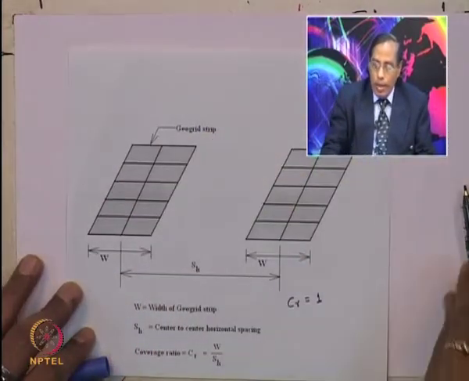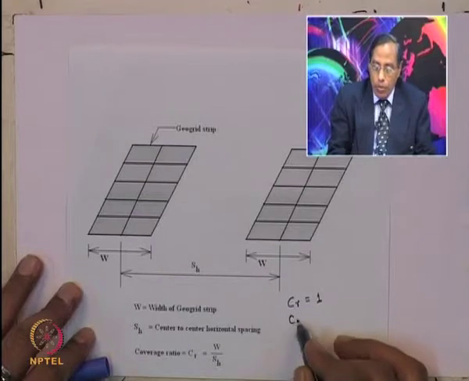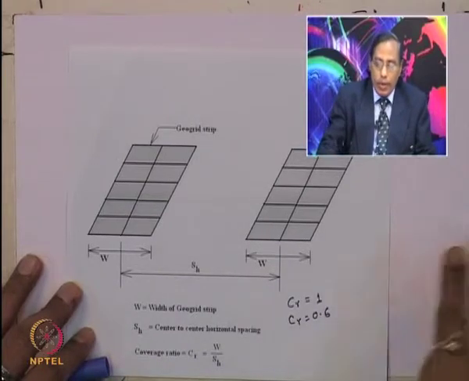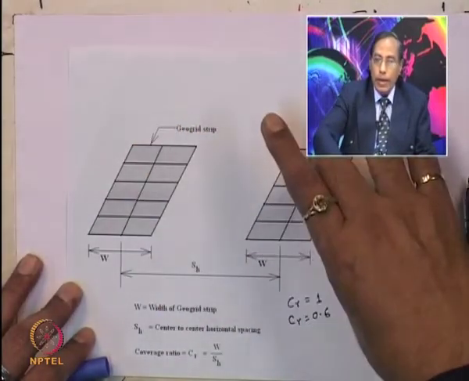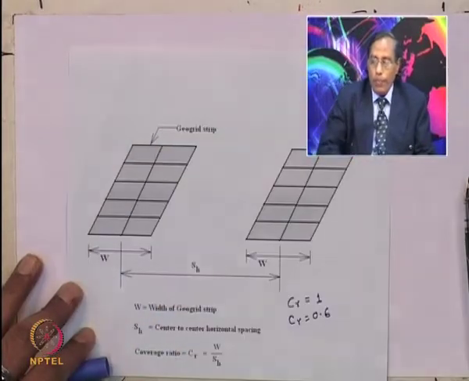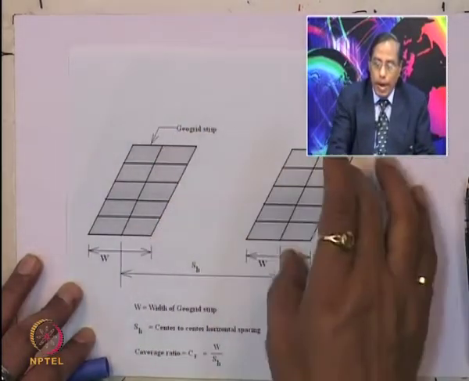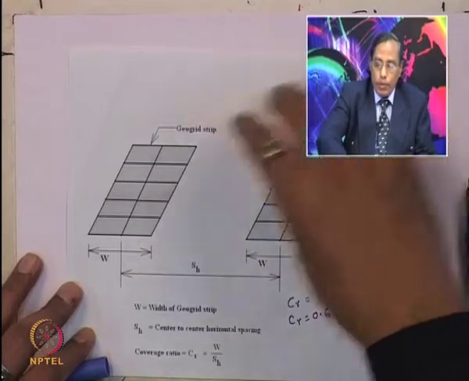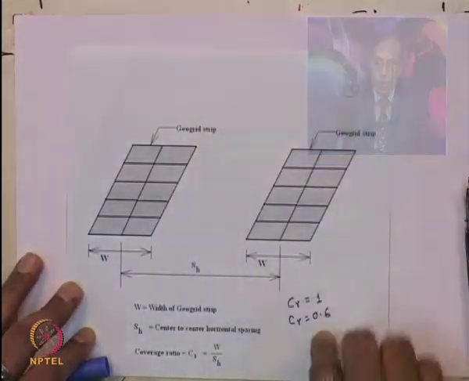Whereas if the CR value is equal to 0.6, that means the reinforcement is covering partly, that means 60% in plan view. So in case of 60% plan view, you can provide the reinforcement in the form of geogrid strips.